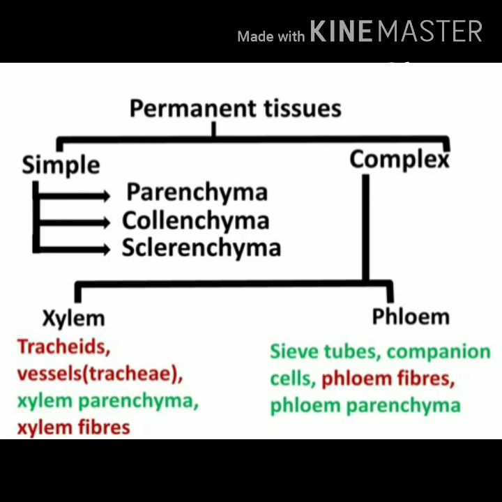Of these, only xylem parenchyma consists of living cells. Phloem, which is another type of complex tissue, also has four types of cells: sieve tubes, companion cells, phloem fibers, and phloem parenchyma. All of these are living cells except phloem fibers. So, that was all about tissues in plants.